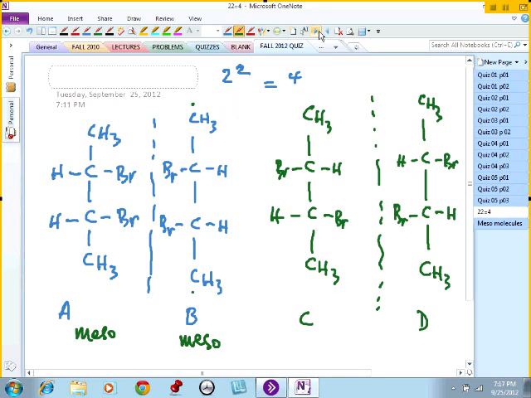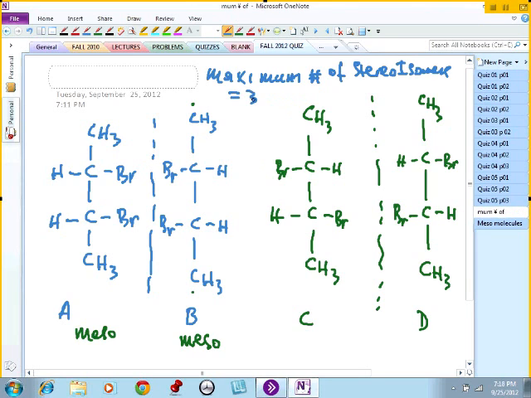The maximum number of stereoisomers possible in this case is 3, because molecule A and molecule B are meso molecules.